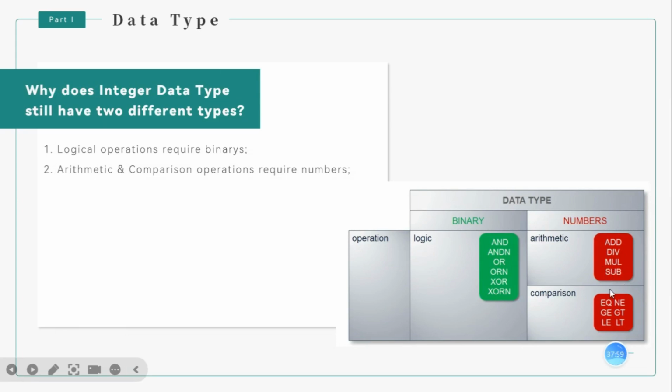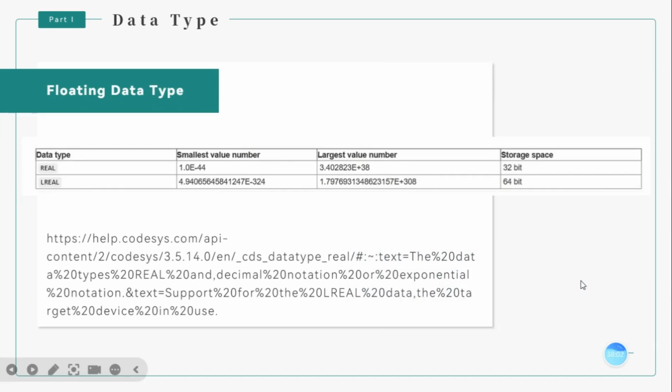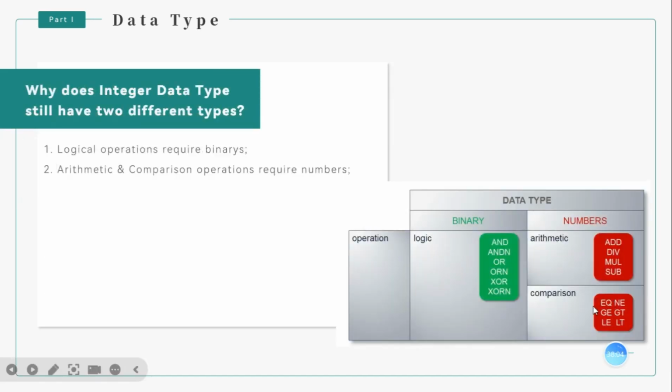And the below is the equal, no equal, and the greater than, lower than, and lower equal, something like this.